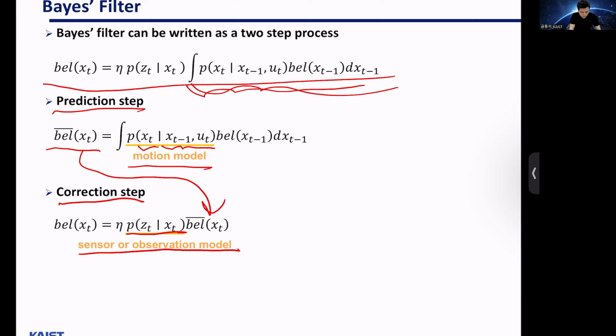So we need to know the relationship between x_t and z_t, so z_t as a function of x_t with sensor noises, sensor distributions. Okay. So once we have the motion model and sensor model, we can do predictions, and then we can do the correction part, and then compute the belief x_t distribution.